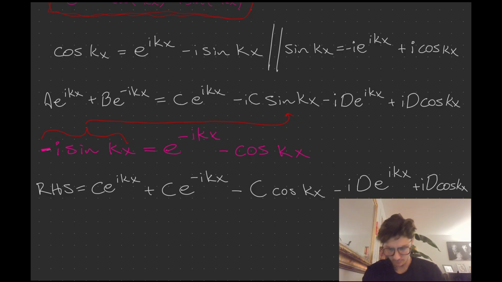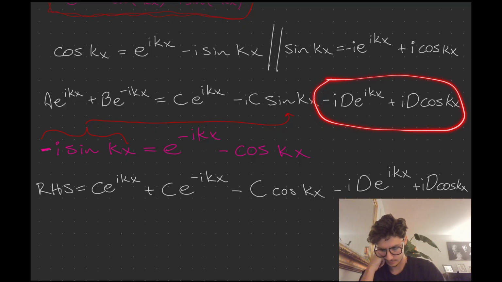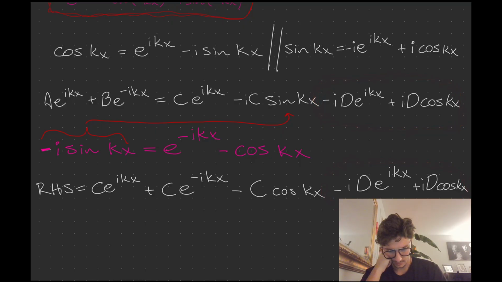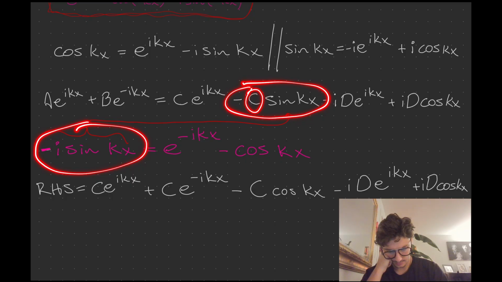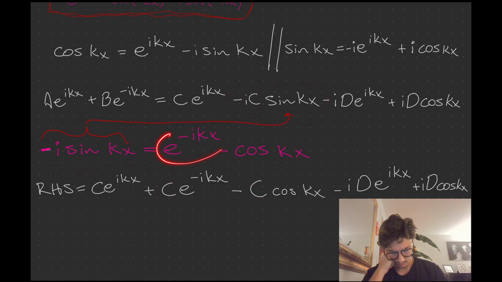Okay, let's see where we left off. This stuff here stays the same. All right, stays the same right here. What I did was substitute this, except this c gets pulled out and gets multiplied onto both of these, and that looks good. Here there's a plus, here there's a minus. And then we are left with this over here. Can we combine anything? No, we can't, but check this out.